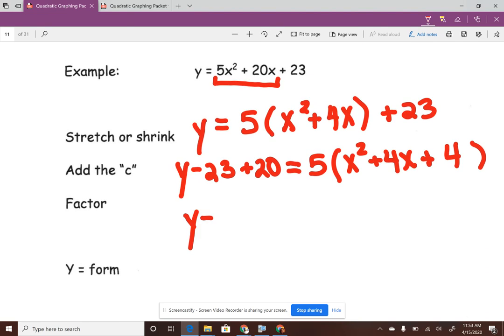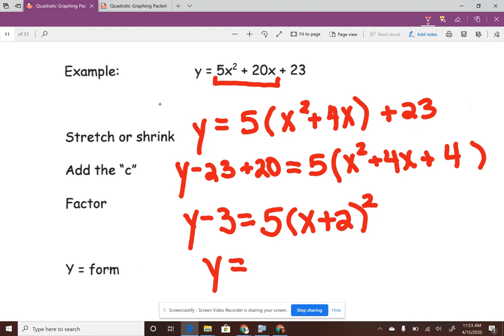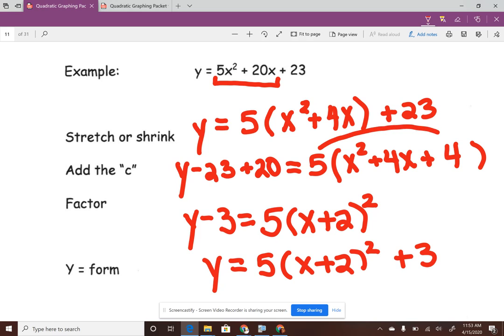So that gives me y minus 3 equals 5 parentheses x plus 2 squared. And then I just move the 3. And that's it. It looks much harder than it is. It does take a little bit of abstract thought because you have to think, 5 times 4, what did I really add?